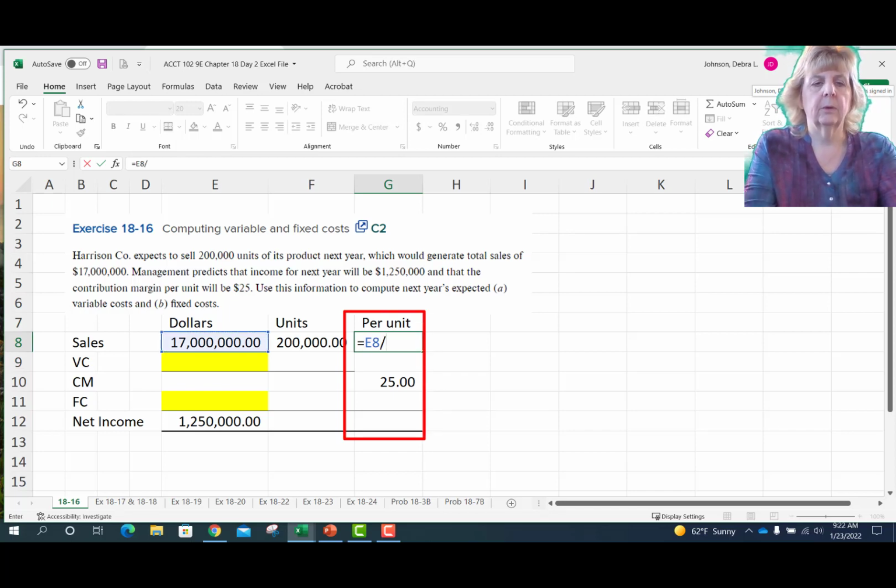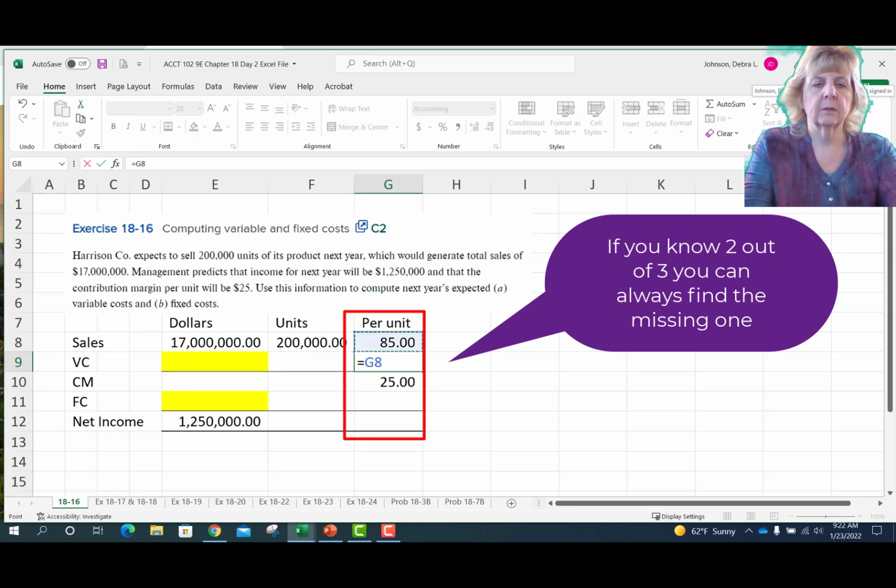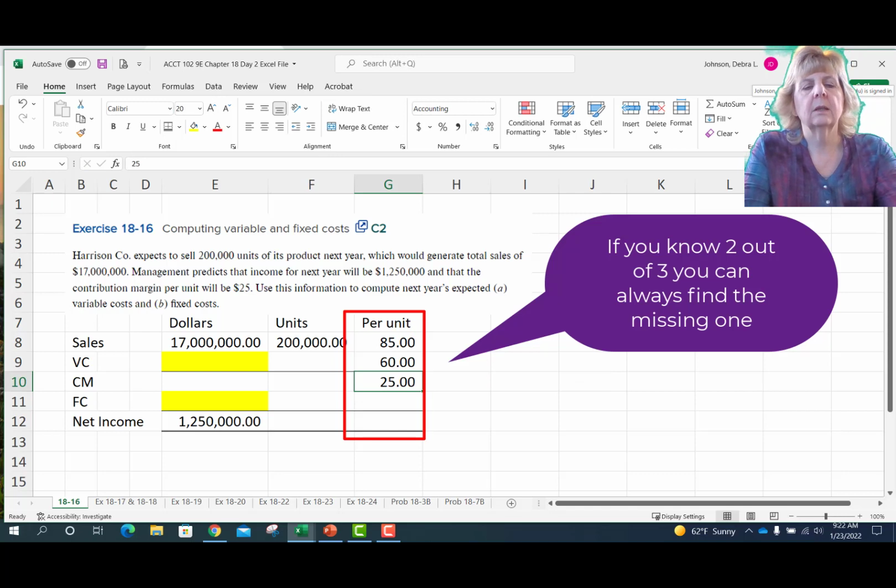I'll take the sales dollars divided by the number of units, and I came up with $85 per unit. Since they gave me the contribution margin at $25 a unit, I'll solve for variable costs, because that's one thing they asked us for. Taking the difference, I got $60 as the variable cost per unit.